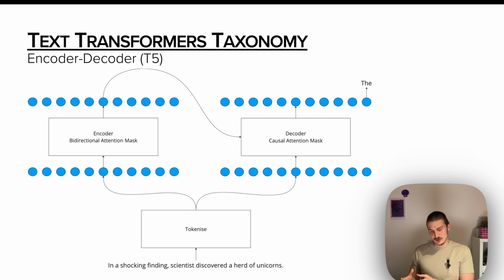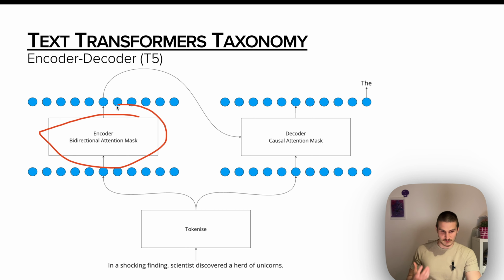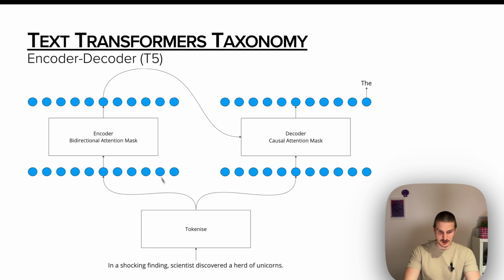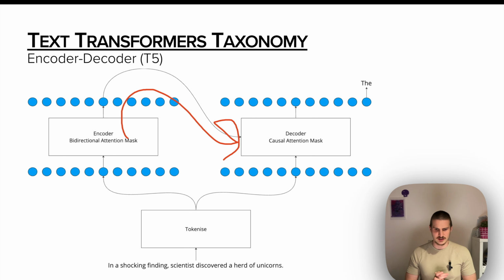But then when you write a new word, you don't know what comes next. And so the T5 model will have the encoder with full bidirectional attention. But then the output of that will be passed to the decoder with the causal attention mask. So it's an interesting mix of both techniques.